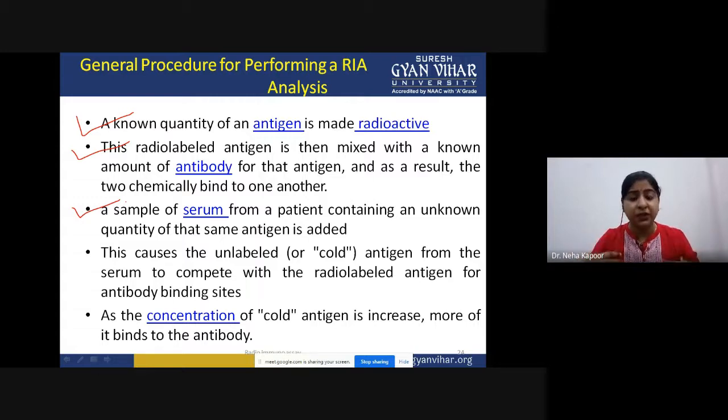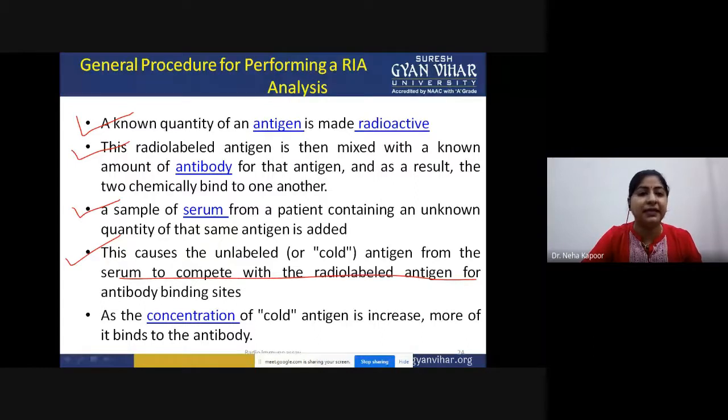In the patient serum, if that very antigen is present but not labeled, containing an unknown quantity of that same antigen, it will compete with the radiolabeled antigen. This causes the unlabeled or cold antigen from the serum to compete with the radiolabeled antigen for the antibody binding sites.